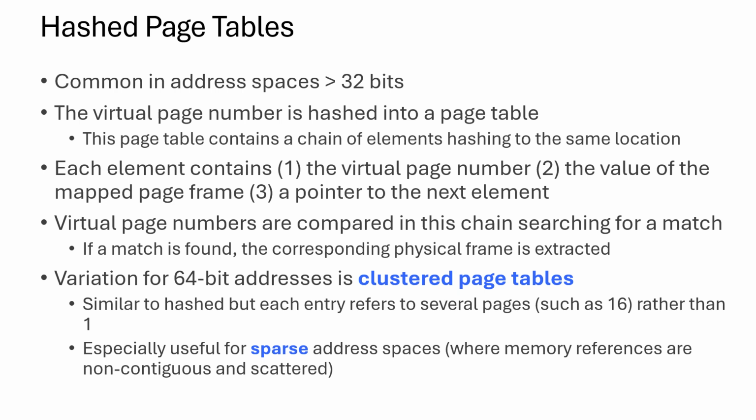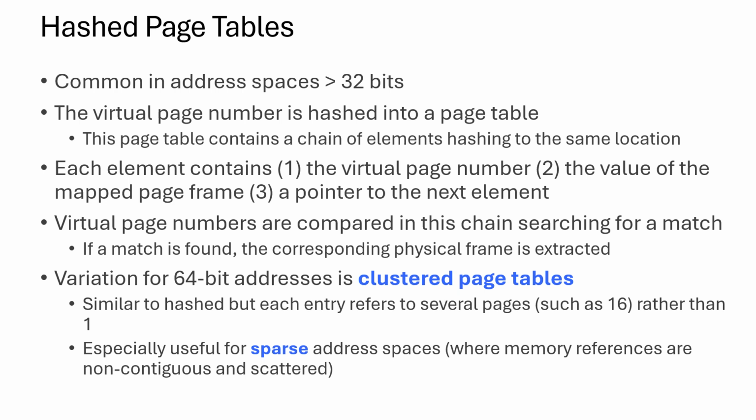The next method is hashed page tables. These are different ways to implement the page table. Here the common address space is 32-bit. The virtual page number is hashed into a page table. The page table contains a chain of elements hashing to the same location.